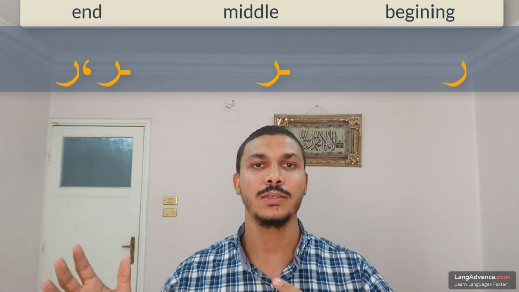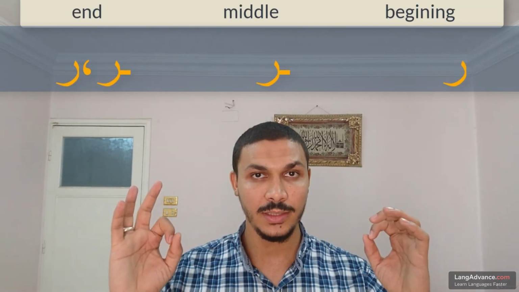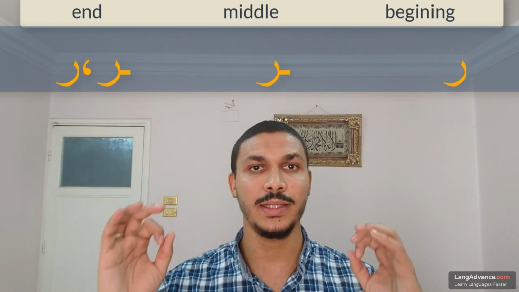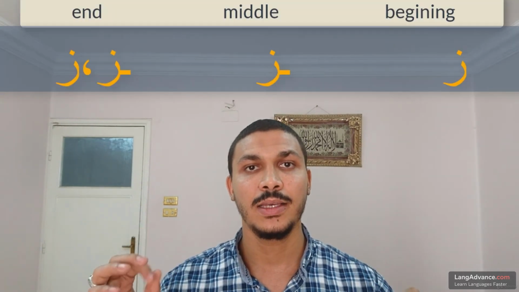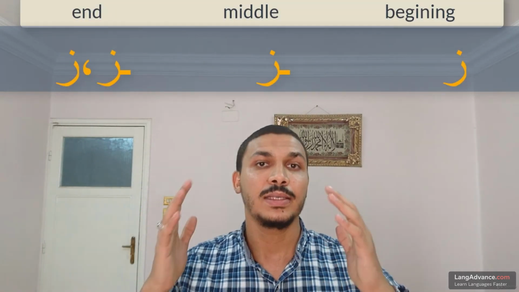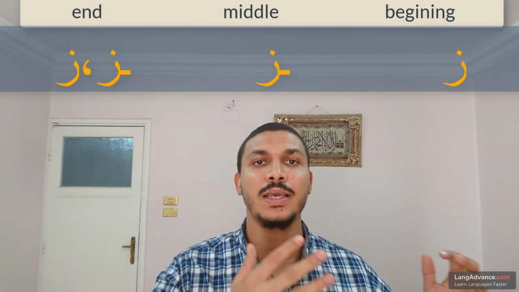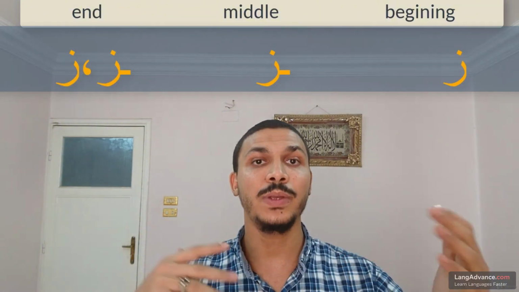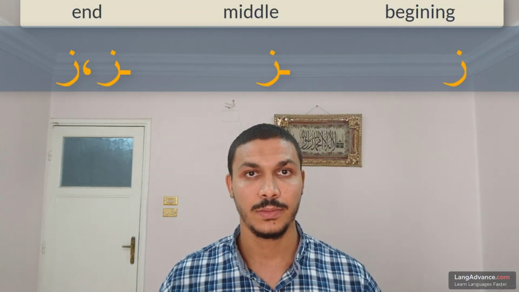Ra. Ra at the beginning, Ra in the middle, and Ra at the end. Good? Alright, next. Zay. Zay beginning, Zay in the middle, Zay at the end. Ra and Zay are sharing the same changes.